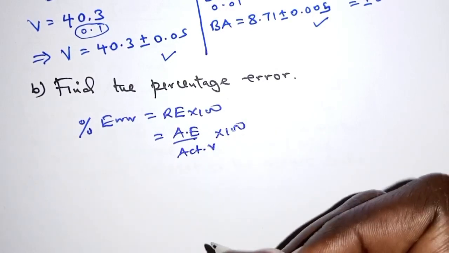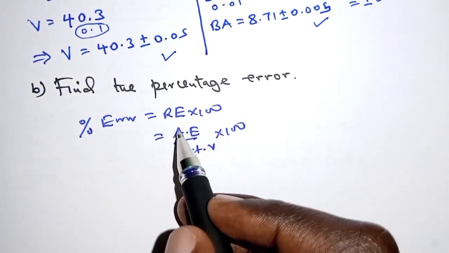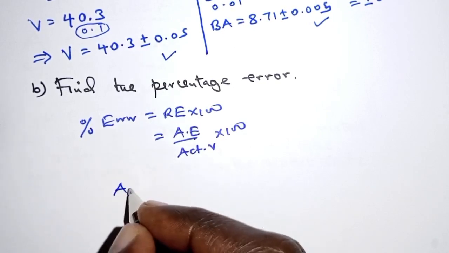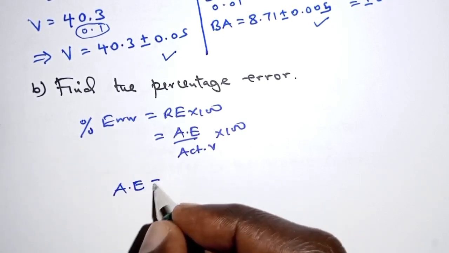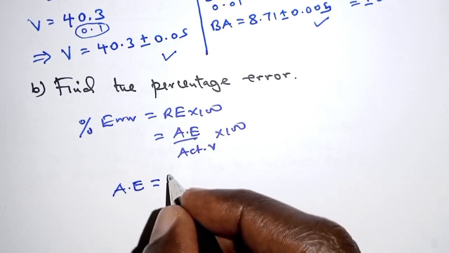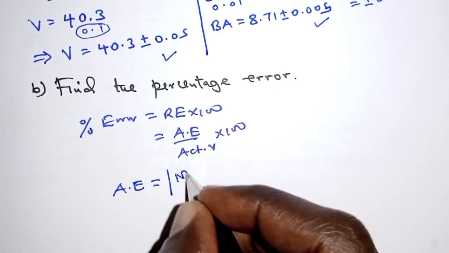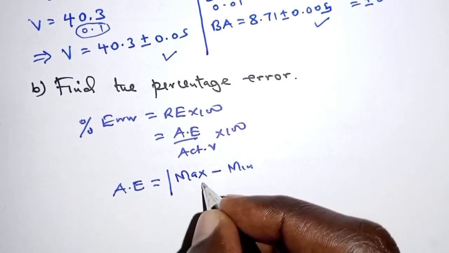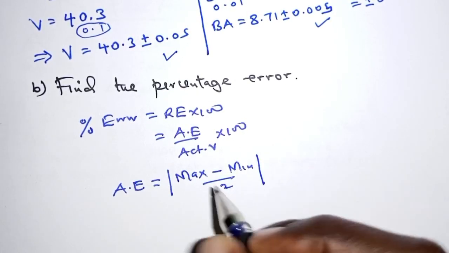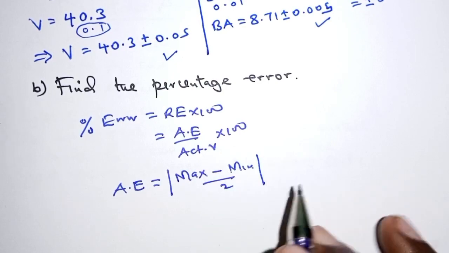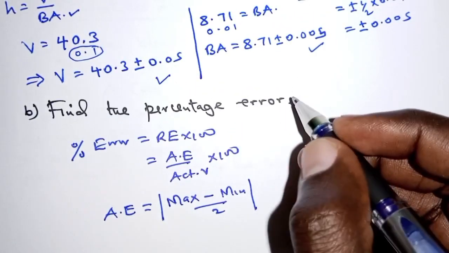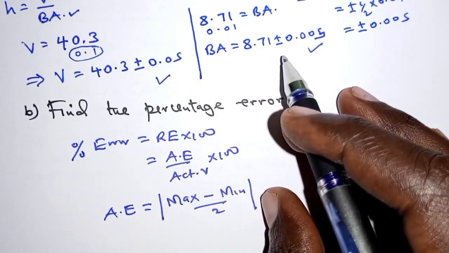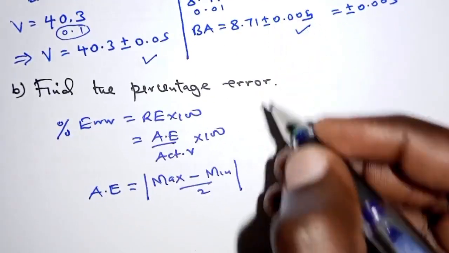Now what we are interested in here first is how to determine the absolute error. Absolute error is given as the absolute value of the maximum value minus the minimum value divided by 2. And for this case, we have a quotient. Remember, we are finding the percentage error in determining the height of the cuboid.